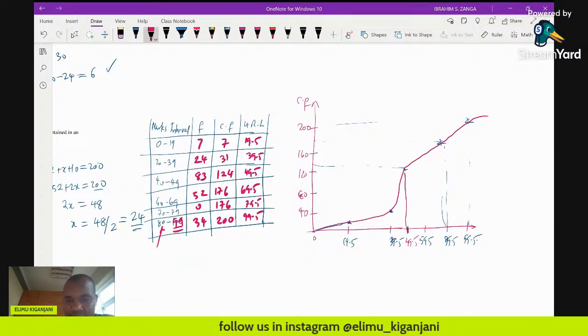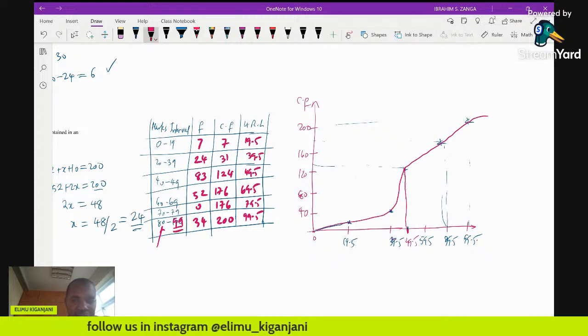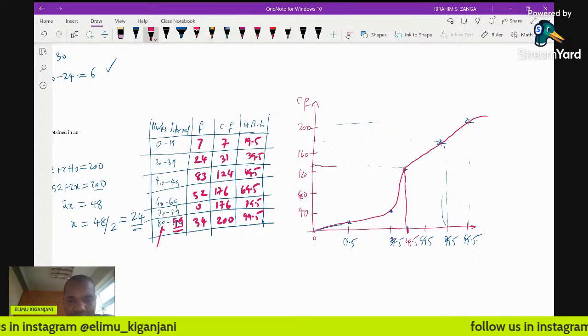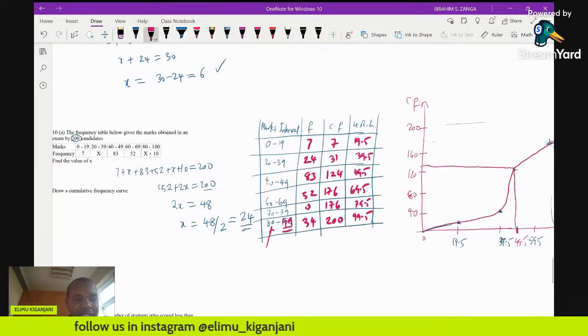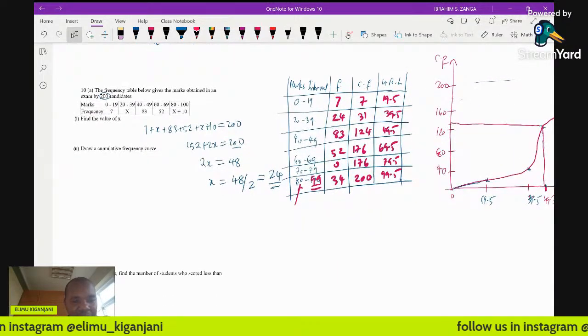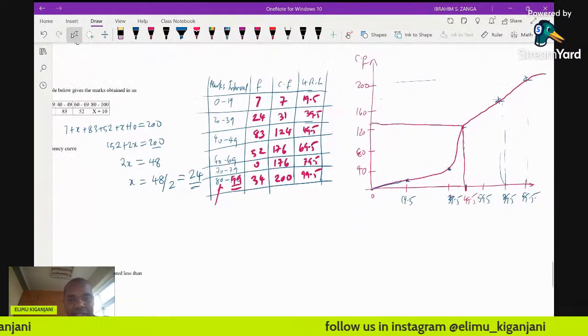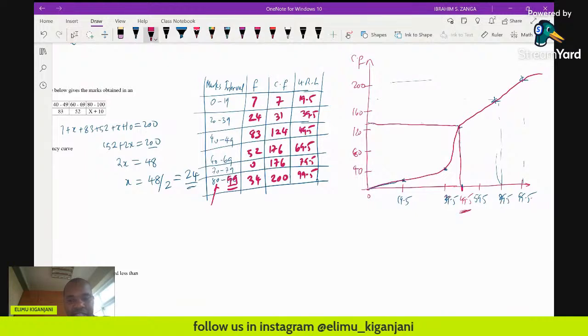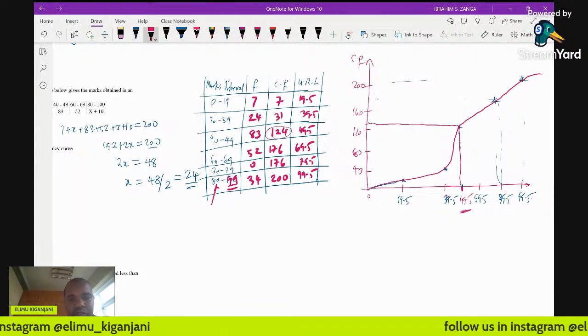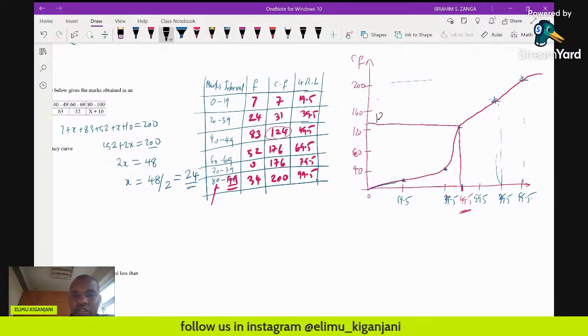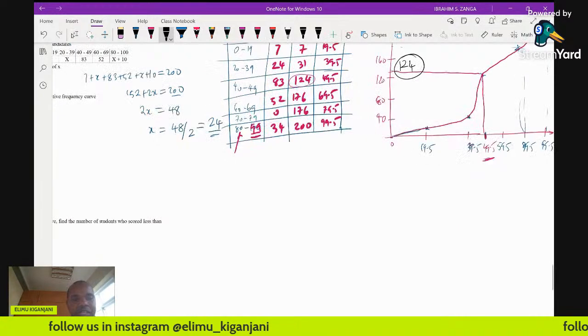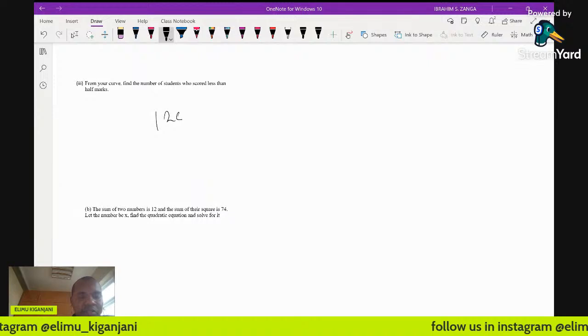So we're going to read exactly 49.5, and read the corresponding frequency. 49.5 is less than half max, and the frequency is 124 students. So from the graph, we can see that 124 students scored less than half marks.